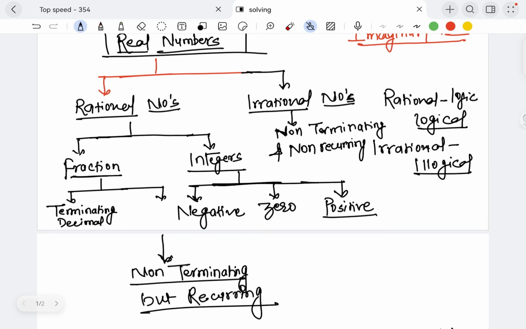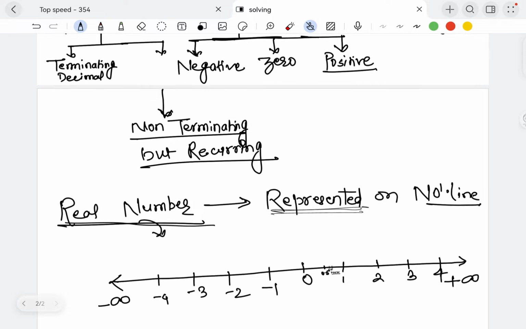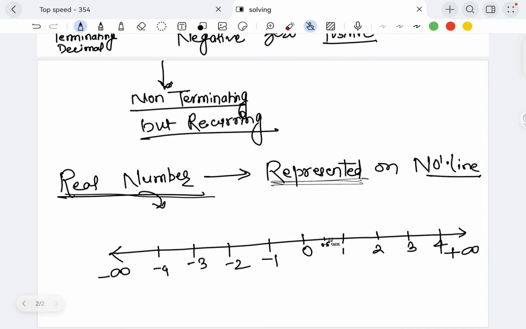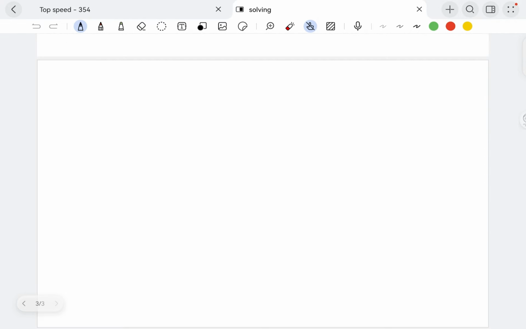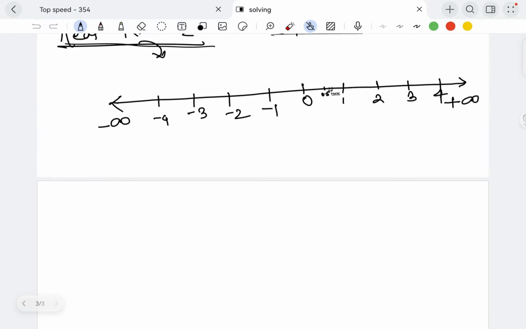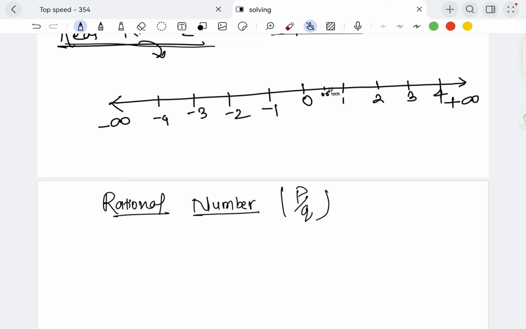Now let us move on to the rational number. Okay, a rational number is something which is of p by q form, where q is not equal to 0. What teachers miss out on while teaching is that they don't tell you that a rational number has the form p by q where q is not equal to 0, because whenever the denominator becomes 0, that number converts to infinity.